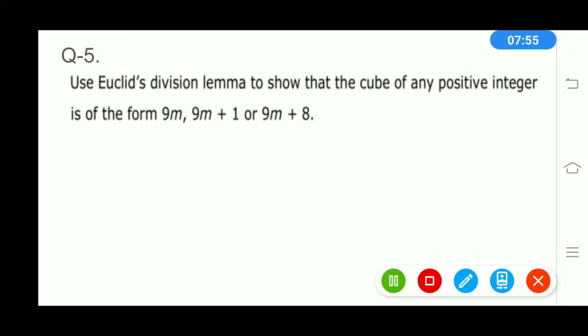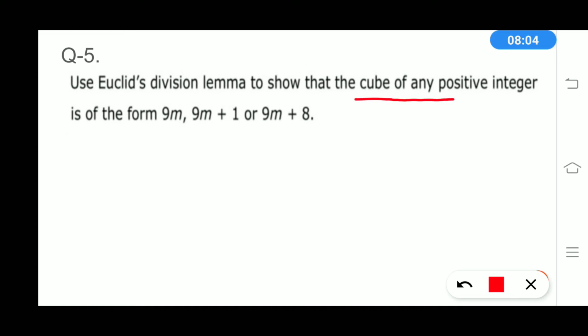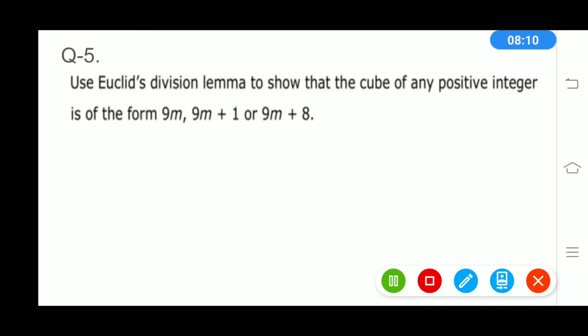In this problem, simply one change is there. In the previous problem it was the square of any positive integer, and in this problem it is the cube of any positive integer. So students, in this problem, the one change is the cube.